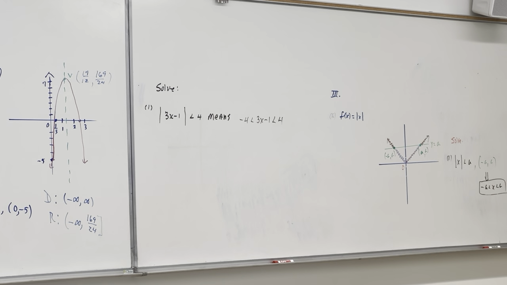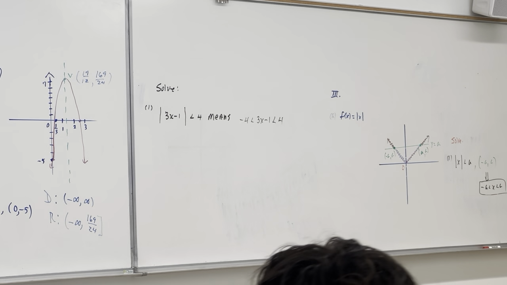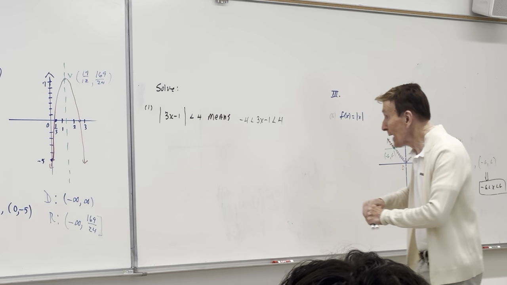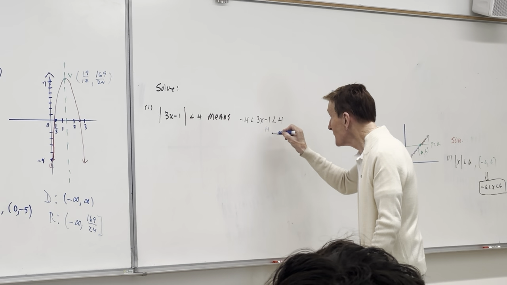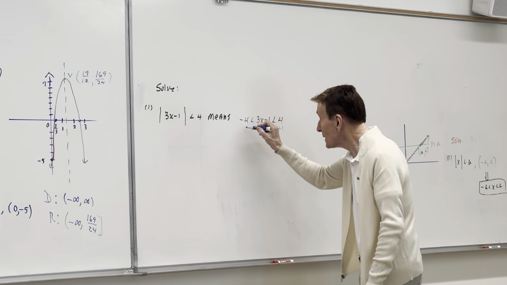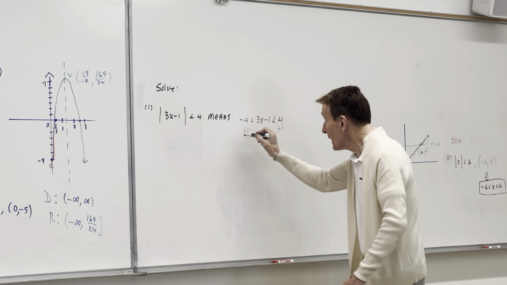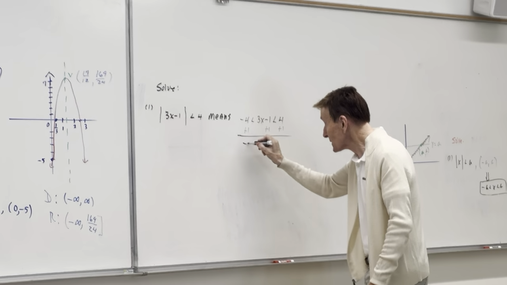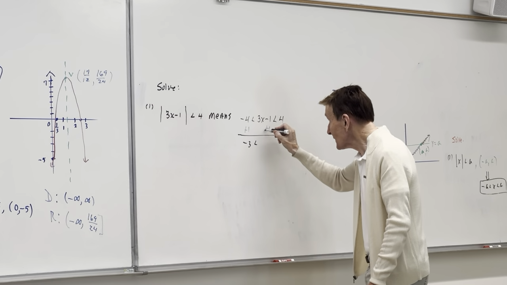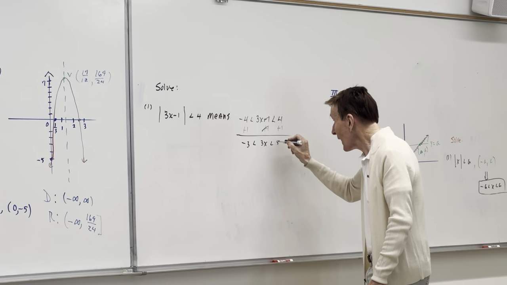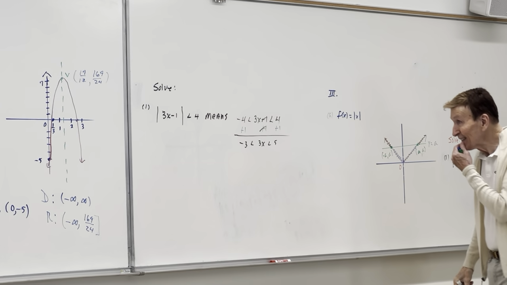Now you have to solve that, of course, for x. Thank goodness I can do this one fairly easily. I'm going to add 1 to all parts. If I'm careful, I end up with negative 3 is less than 3x, which is less than 5. Check my arithmetic there.